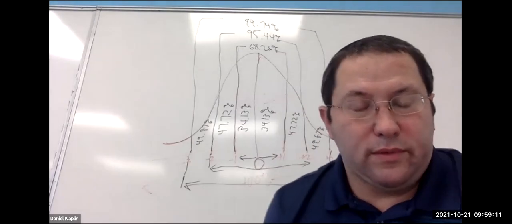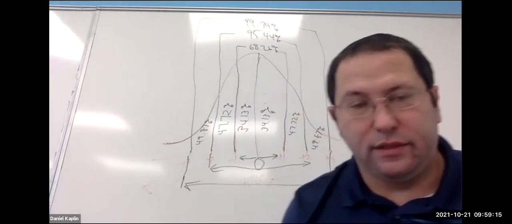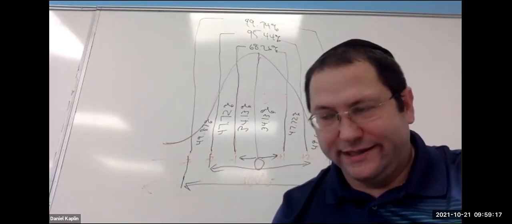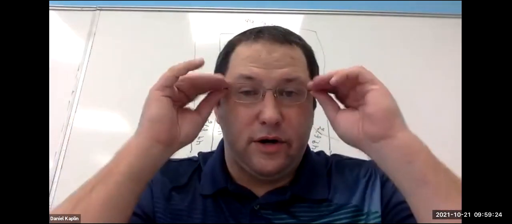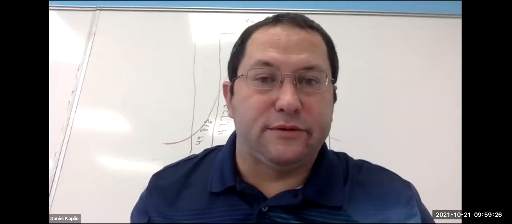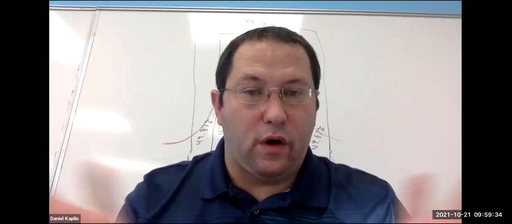Only about 0.3% of the cases are further along in the distribution than plus or minus 3. So that's why in most cases, when people draw the bell curve, they stop at plus or minus 3. It's not that there isn't anything else there. It's that most of the cases fall within that parameter.